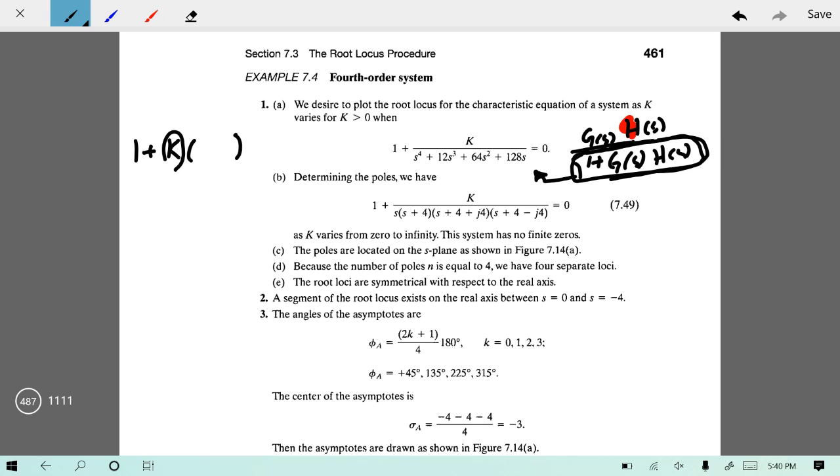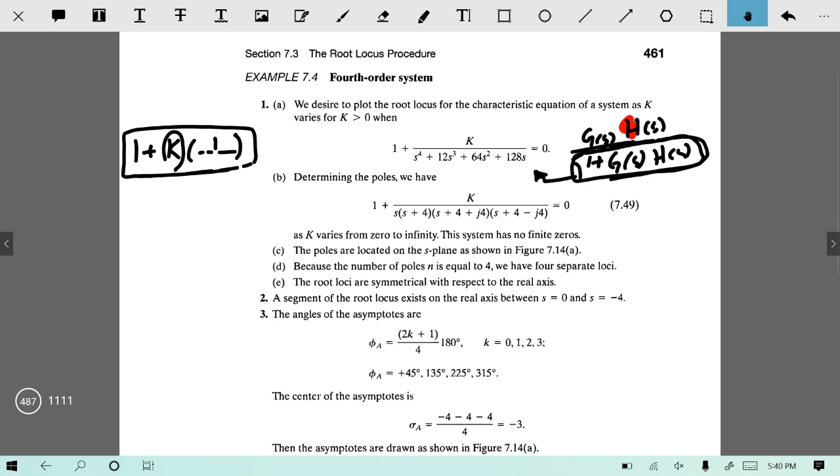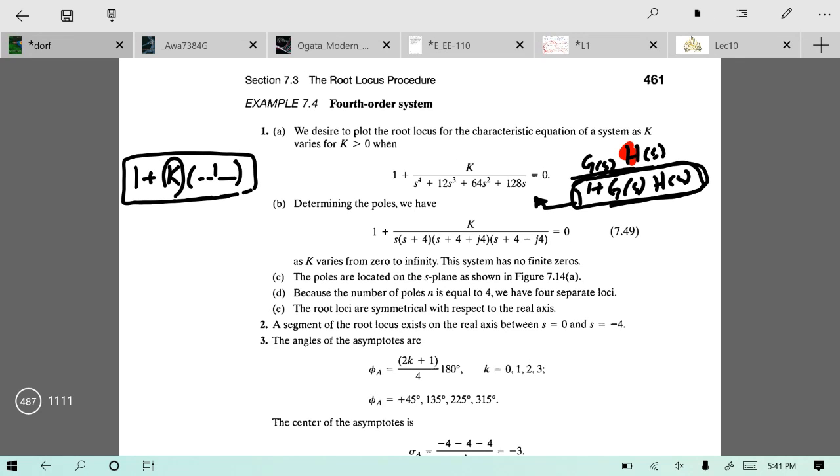So this is the form of 1 plus k into something, where something is 1 over this term. He has written the characteristic equation in this form.